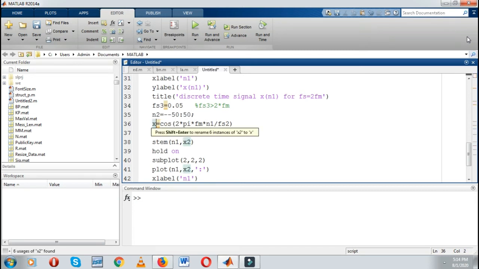Here I have to change x2 to x3. Here I will write n2, fs2, sorry, fs3. Then I have to write 4. Here 4.